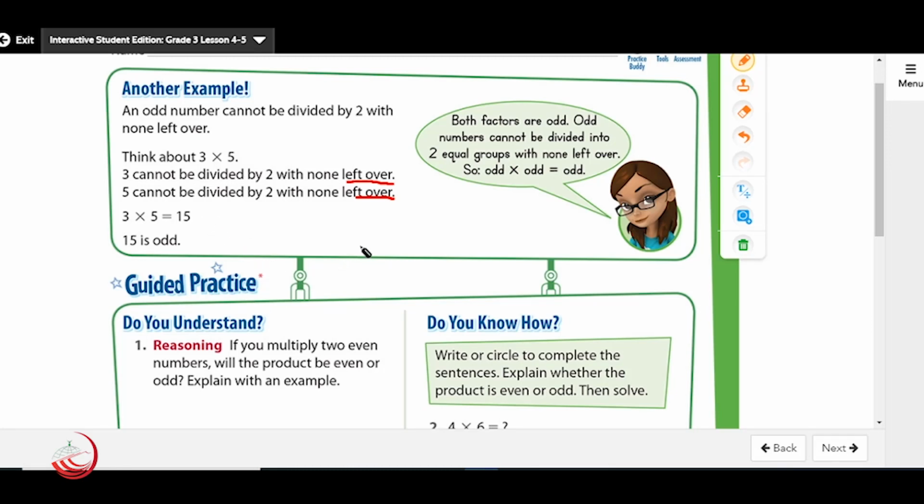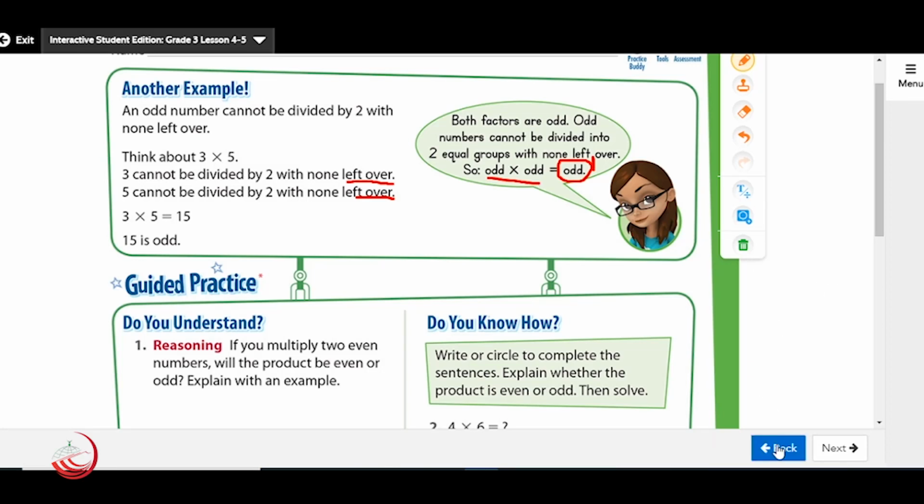But to generalize this, now we knew that even times even will give me an even number in the product. Even times odd will give me an even number in the product. But odd times odd will give me an odd number.